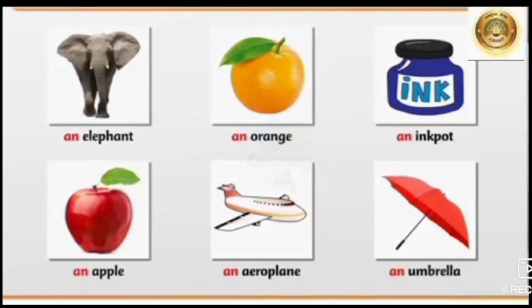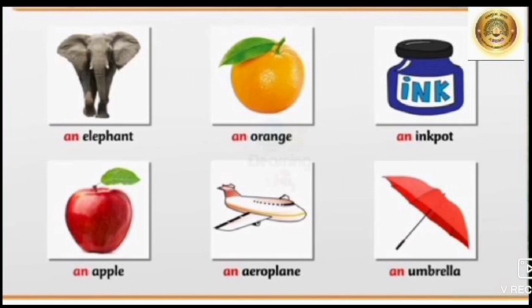Children, see, in these examples, elephant is starting with the vowel sound of E. That's why we use here the article an. That's why we are saying an elephant. Next, orange.